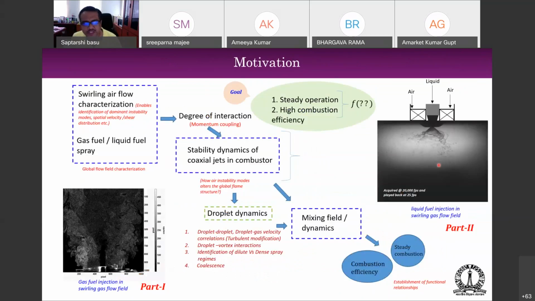So if you look at the video over here, you can see how a spray behaves in a highly swirling flow environment. You can see the fluttering from all sides, and the droplets are ejected in a very randomized fashion. So this is what happens when you inject a spray in a swirling airflow like what is shown over here. So you can understand the complexity of the dynamics associated with this problem.